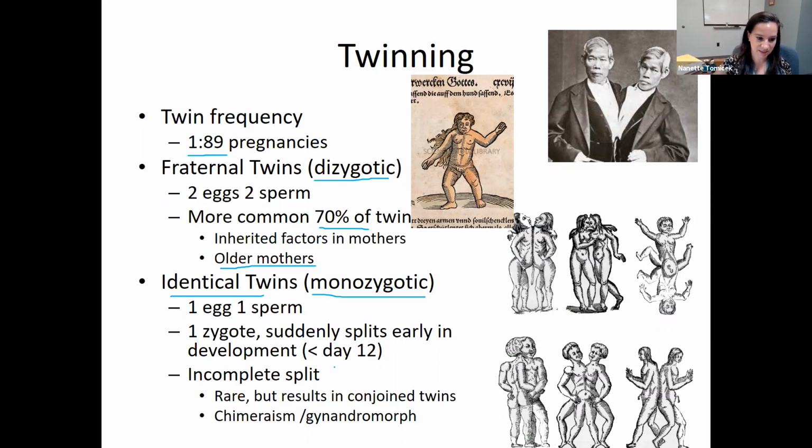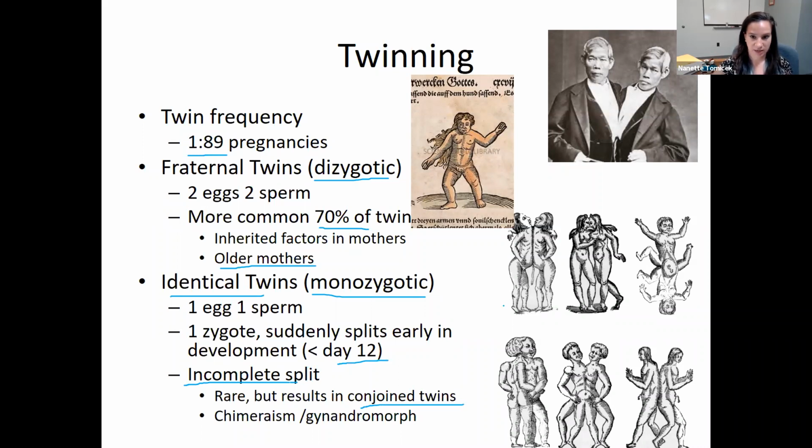Really need to get this done before day 12 before we start to build our membranes. Okay, then this is when you can get identical twins. After day 12 happens, nothing's split, and this can't happen anymore. Now, what if you get an incomplete split? This is rare, and then this is where we might get conjoined twins.